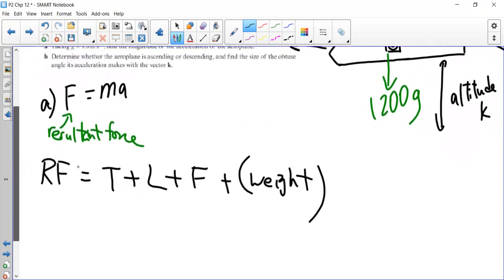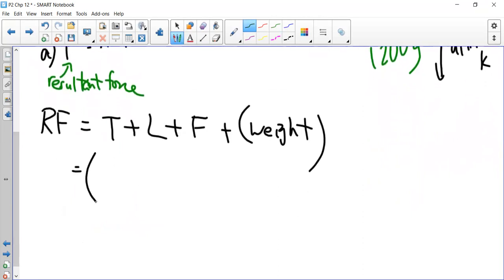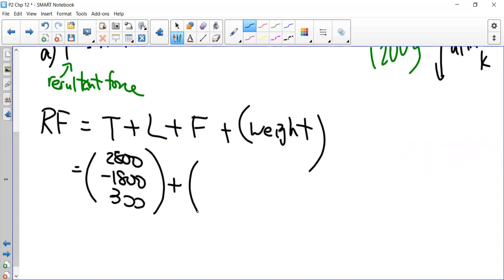So T is 2,800 i, so let's put it in a column vector: 2,800, j is minus 1,800, k is 300. L is 11,000 k. So how do we present L as a column vector? 0, 0, 11,000.